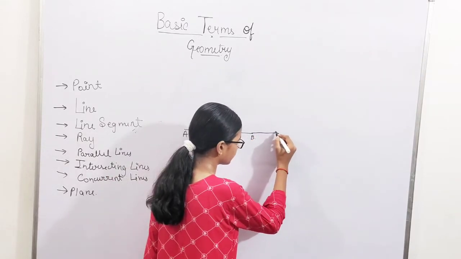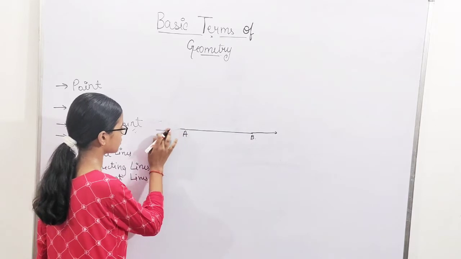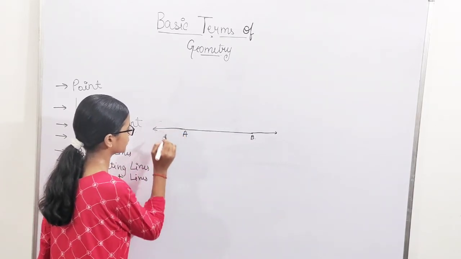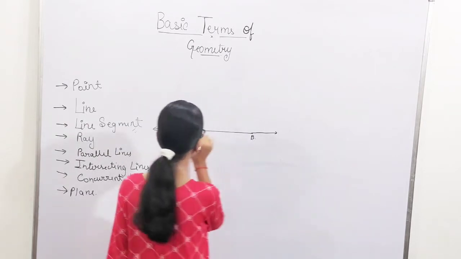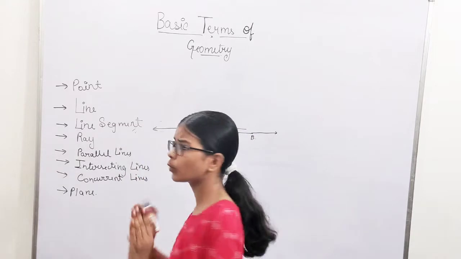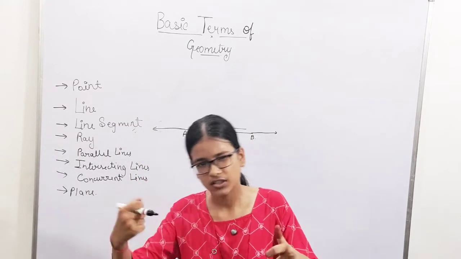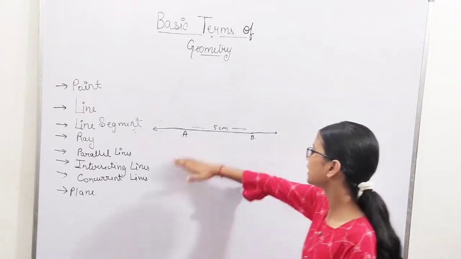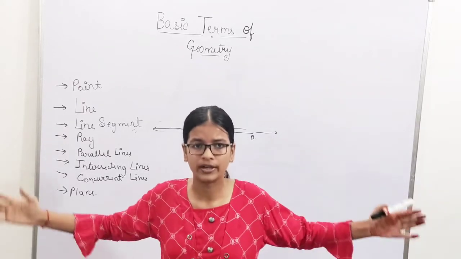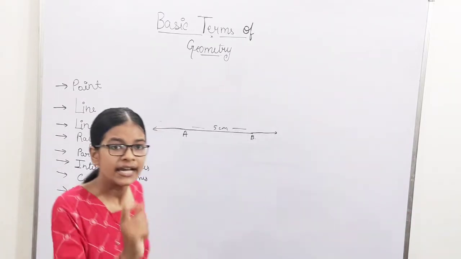Let's produce it on both the sides, like this. It will be just slightly straight. Okay, so as I told, the length of AB is 5 centimeter, and if we want to just produce it, just expand it, just pull it over in both the directions A and B, then it will just keep moving infinitely.